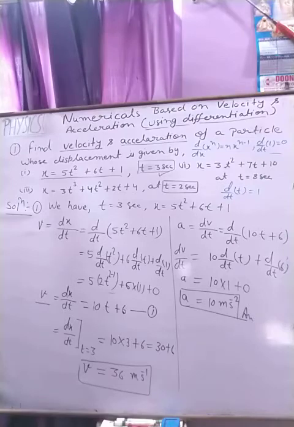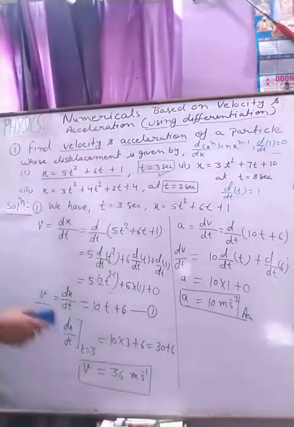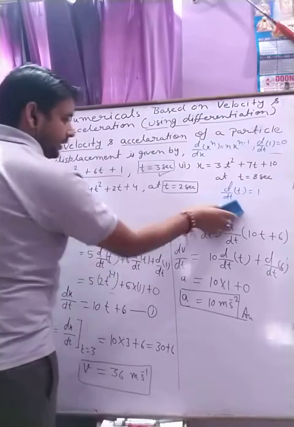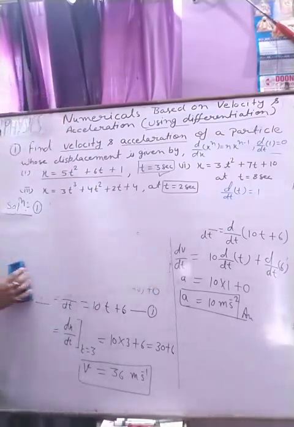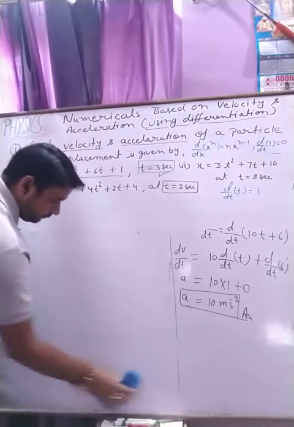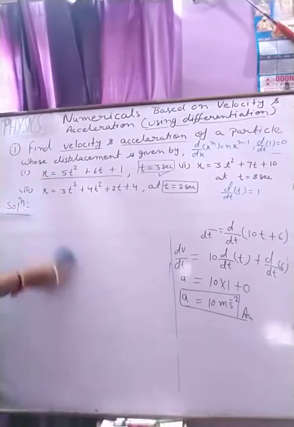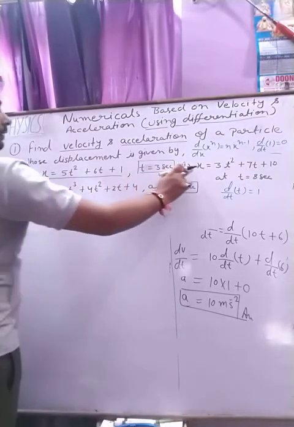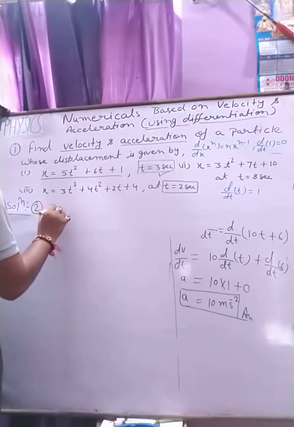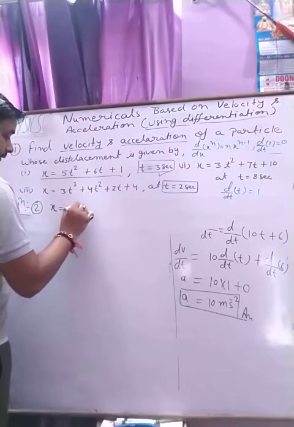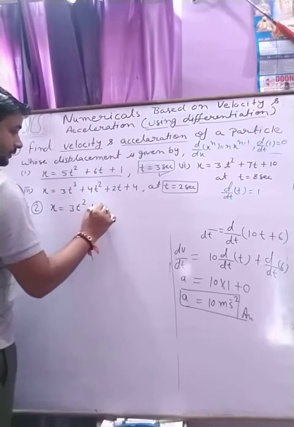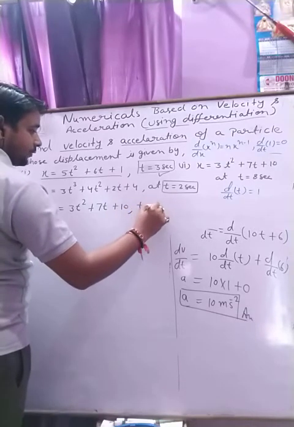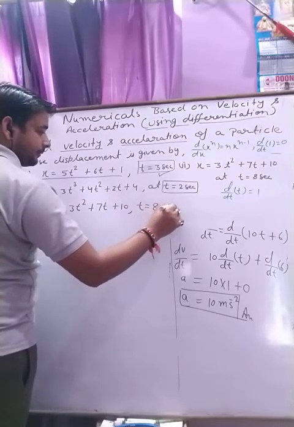Okay, now we take the second question. Solution number second, in which we have displacement of the particle 3t square plus 7t plus 10, and the value is calculated for t equal to 8 seconds.